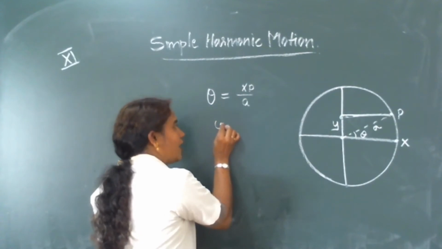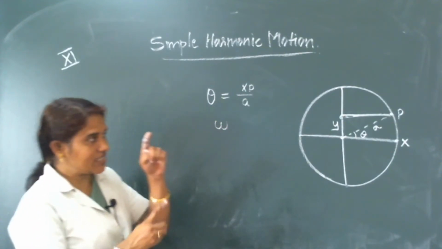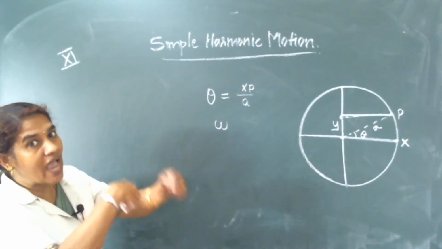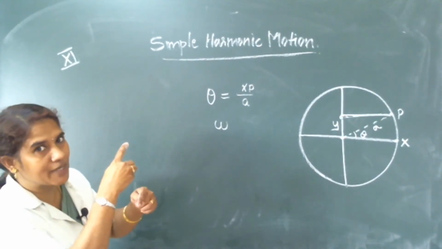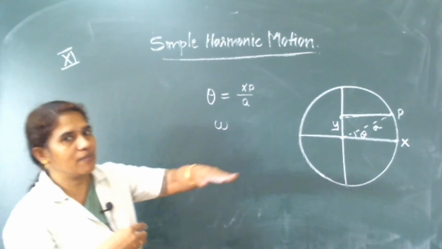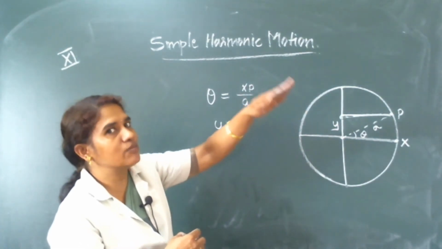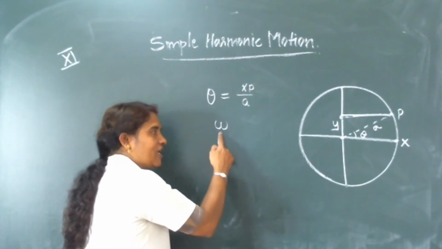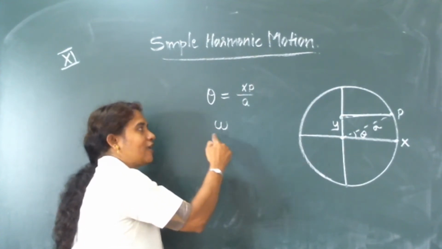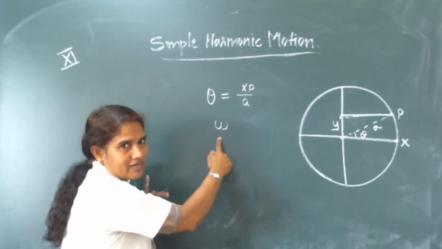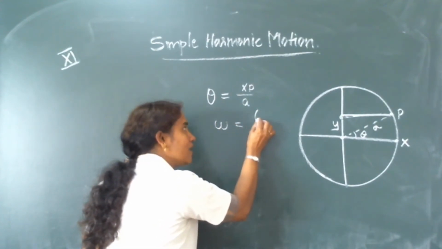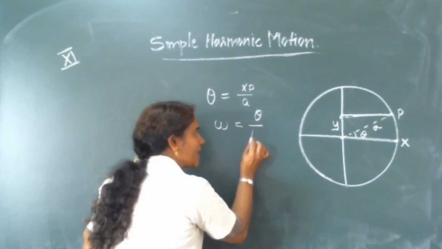In terms of velocity, it is angular motion, so the velocity can be called angular velocity. Displacement can be called angular displacement because it is angle-wise movement. Therefore, when we are writing velocity, instead of v we can use omega, small letter w. Angular velocity is equal to angular displacement by time taken.